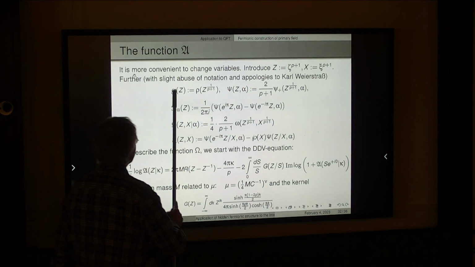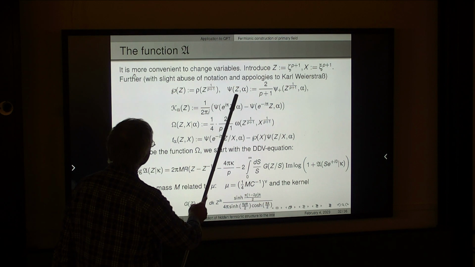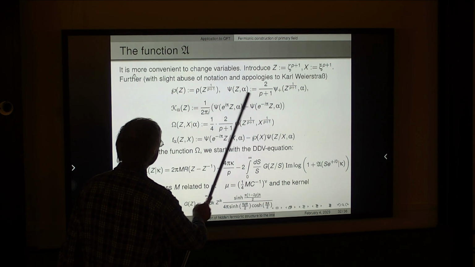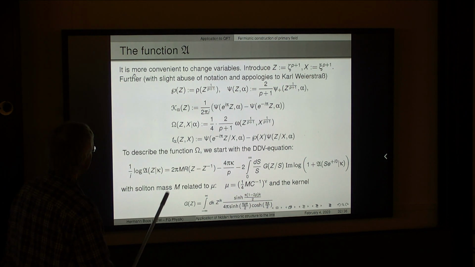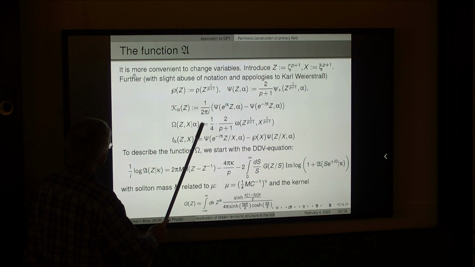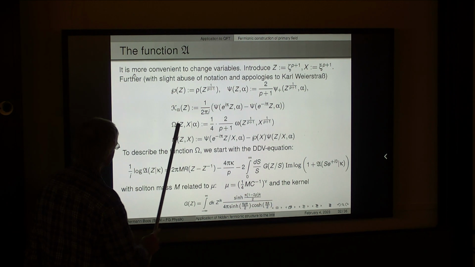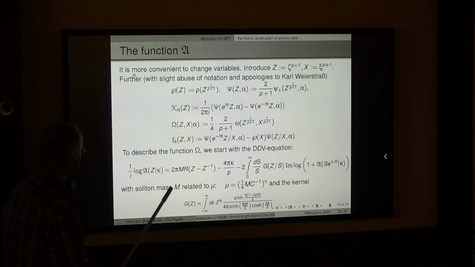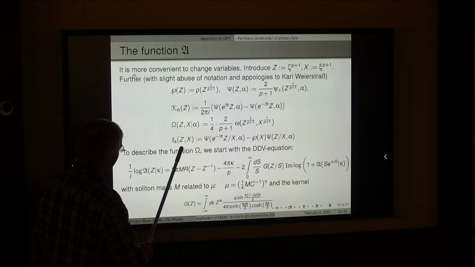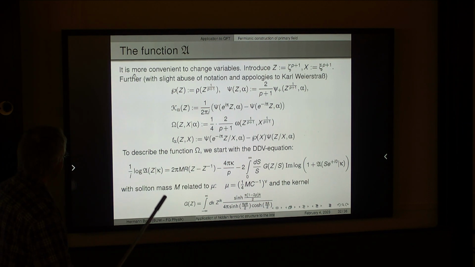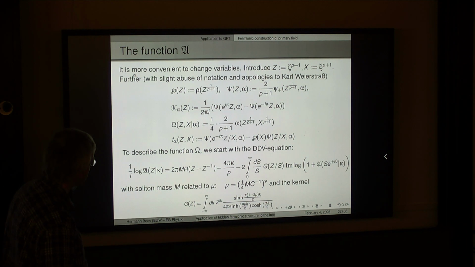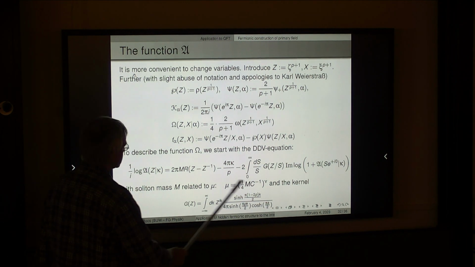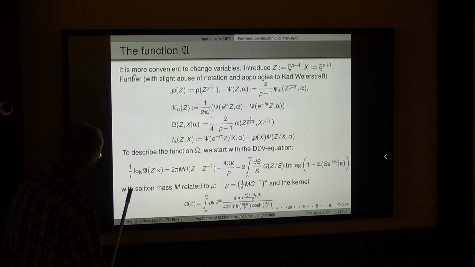So this curved rho is like this. Then I also introduce this psi, this curved kernel, and the function I am interested in is this capital omega, also this f alpha. And then to describe the function omega, we start with the Destri-de Vega equation, which looks like this.